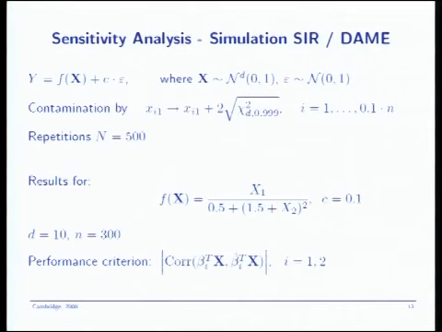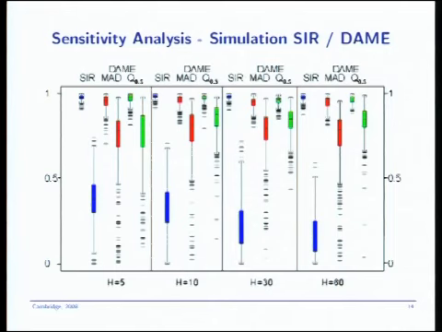And what we have been doing is we contaminated one of the X observations by shifting it outwards, and as a performance criterion we have used the canonical correlation between the true direction and the estimated direction. And this is the result.